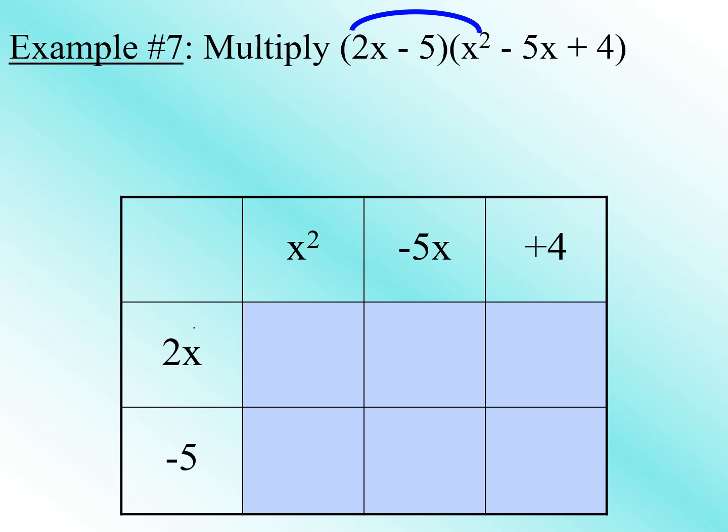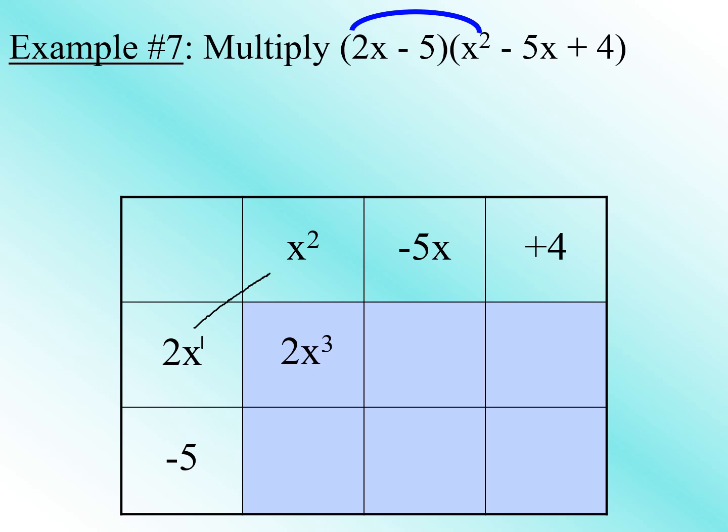So 2x times x squared, that will give us again 2 times 1, 2. And then there's an imaginary one here. We apply the product rule. So x to the power of 1 times x to the power of 2, that is x to the power of 3. So we have 2x to the power of 3.